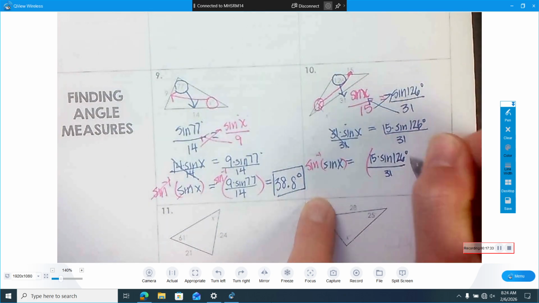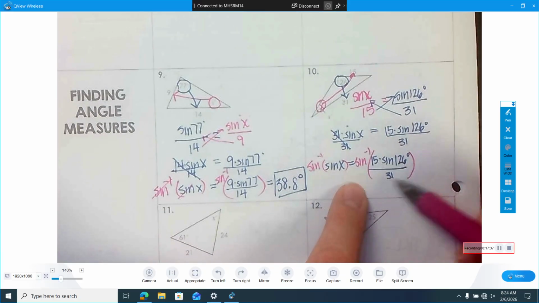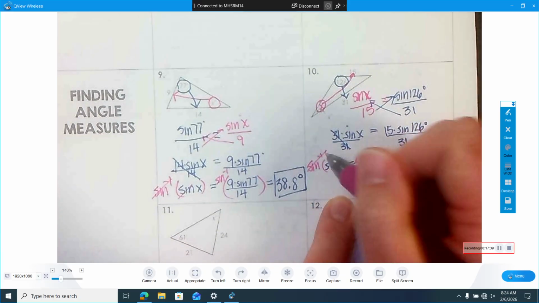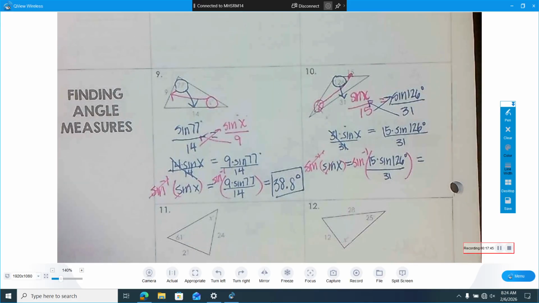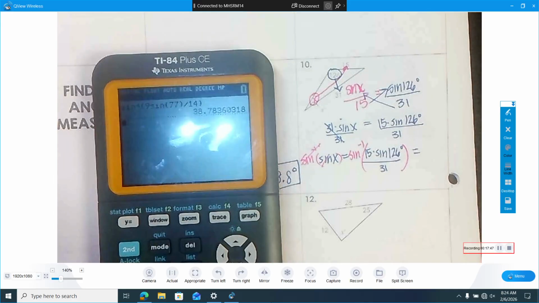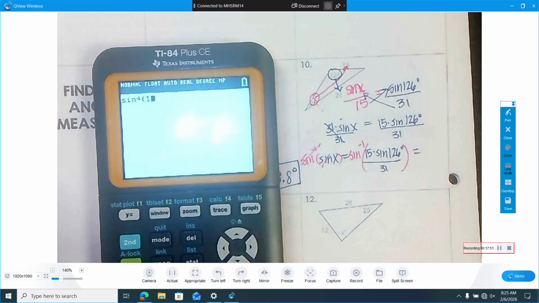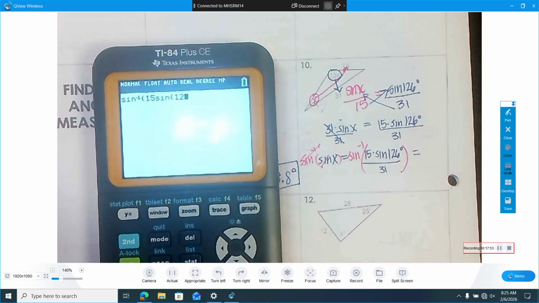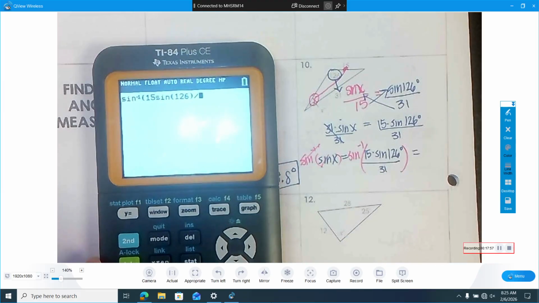Again, I really encourage you to smush it in, use those parentheses. This is 100% mathematically correct. And then you can just type in this whole thing. Sine inverse of 15 sine of 126 divided by 31.